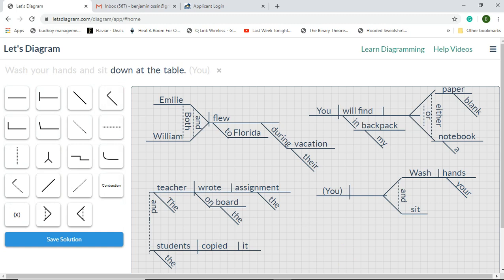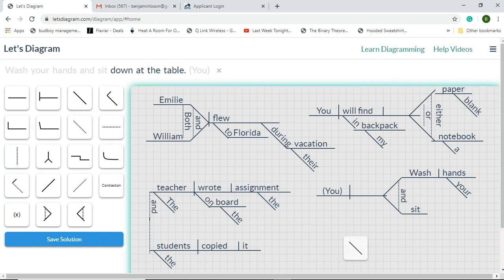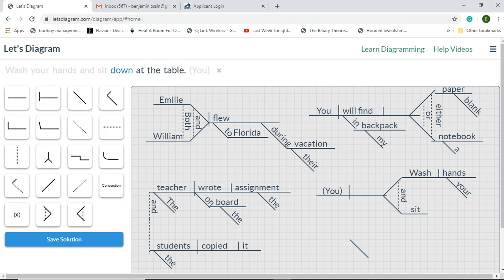So now we have sit. Where are you going to sit? Well, you're going to sit down at the table, right? So down is an adverb modifying sit. Adverb, because remember sit is a verb. And at the table is a prepositional phrase, and it's acting as an adverb.